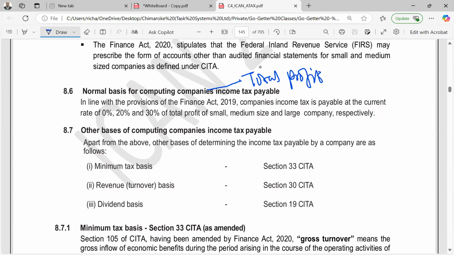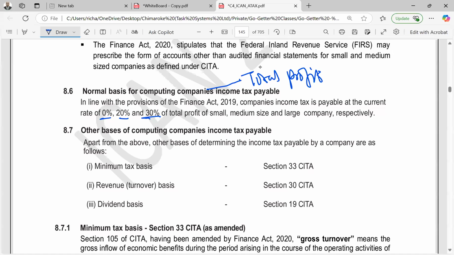So it means that it is from your total profit that you charge your tax. So it's either you charge 0% for small company, 20% of TP for medium size, and 30% of TP for large companies.